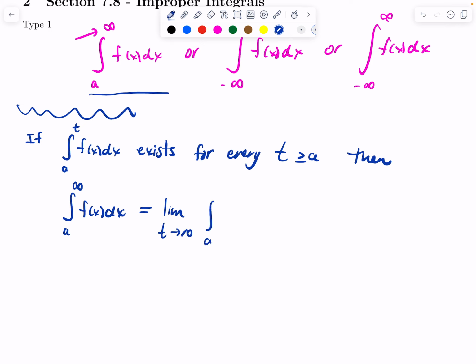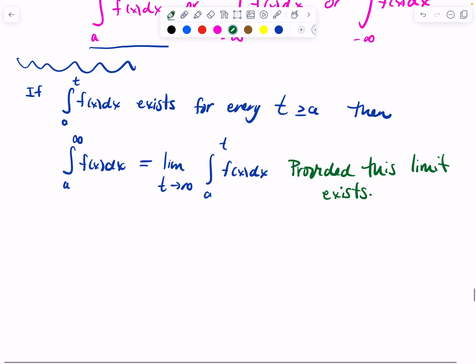of the integral from a to t of f of x dx, provided, and I'm going to stress this, provided this limit exists. As we have seen before, not all limits exist, right? So this improper integral is equal to this limit if this limit exists.